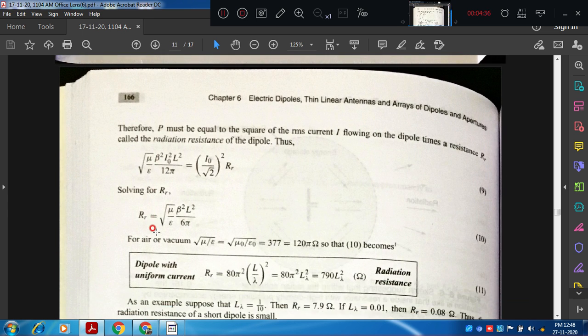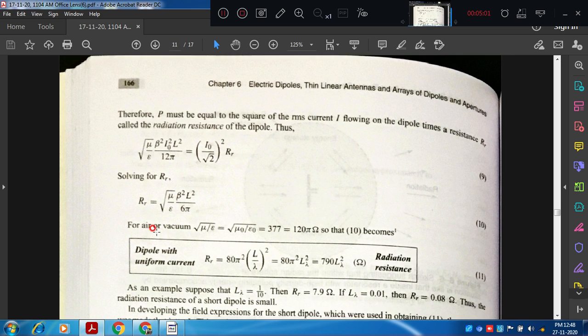Therefore P must be equal to the square of the RMS current flowing on the dipole times a resistance R_r, which is called the radiation resistance of a dipole. Therefore square root of mu by epsilon times beta squared I naught squared L squared whole divided by 12 pi is equal to I naught by root 2, whole squared, times R_r, right?